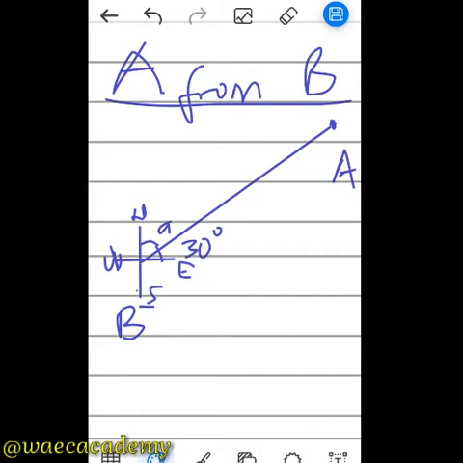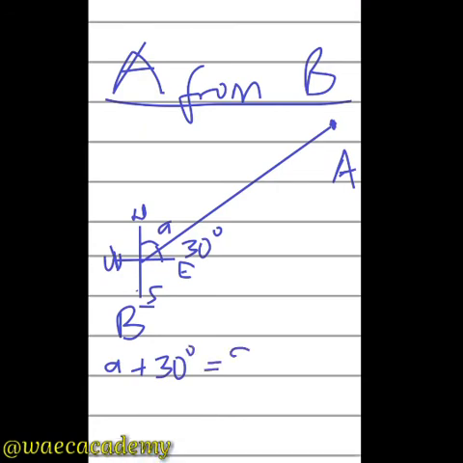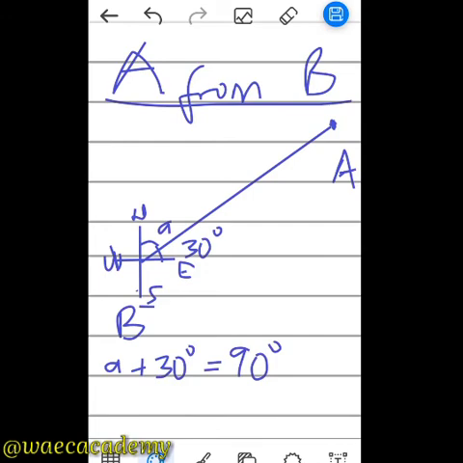So very easily, we can just say A plus 30 degrees equals 90 degrees. Why? Because the sum of angles between north and east is 90 degrees, okay? Or you can just say it is a right angle. No problem.